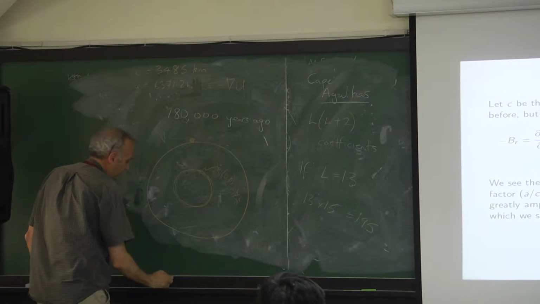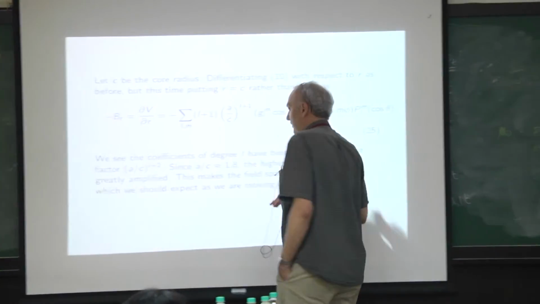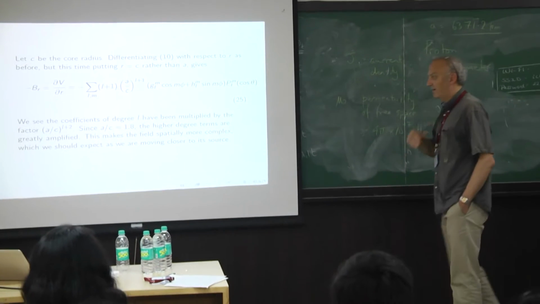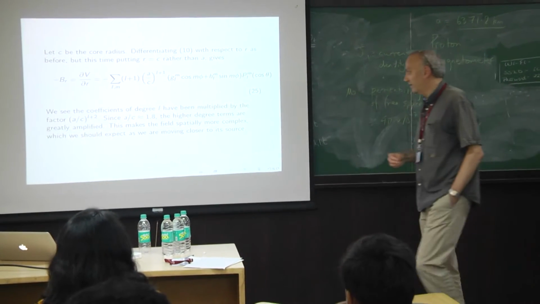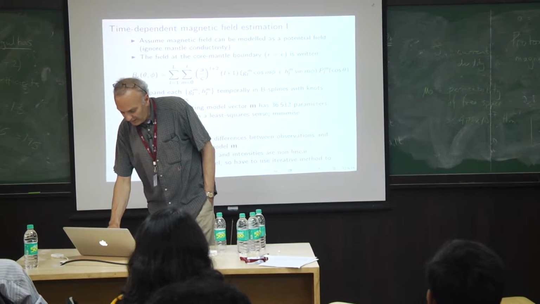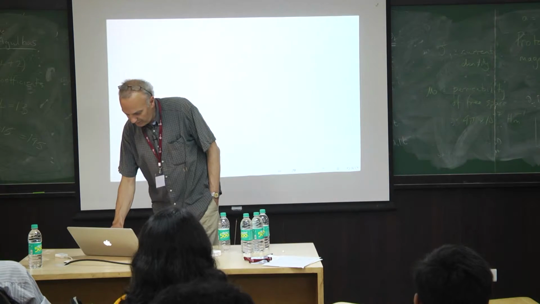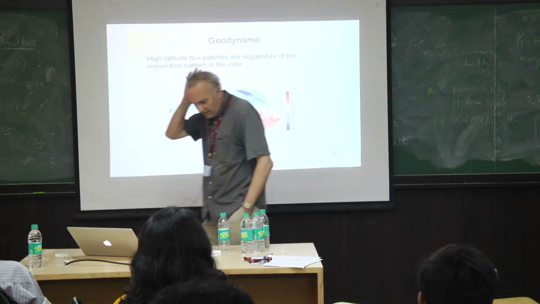So the ratio of those two numbers is about 1.8. So the higher degree terms are amplified with respect to the lower degree terms. So when we do that, let me just do this for one particular time.